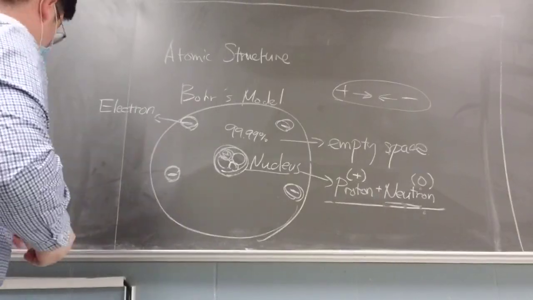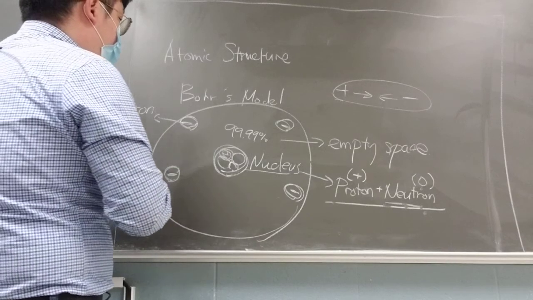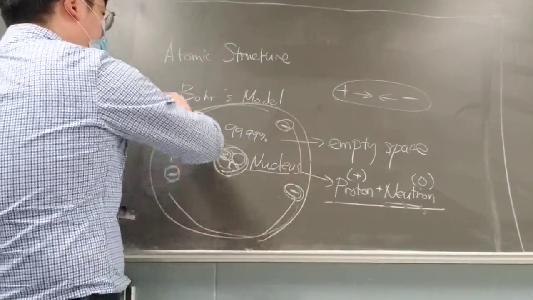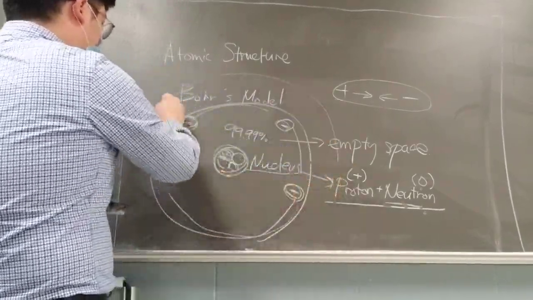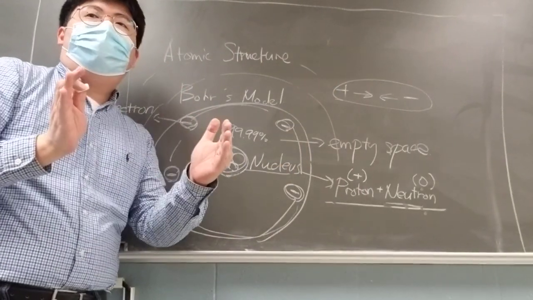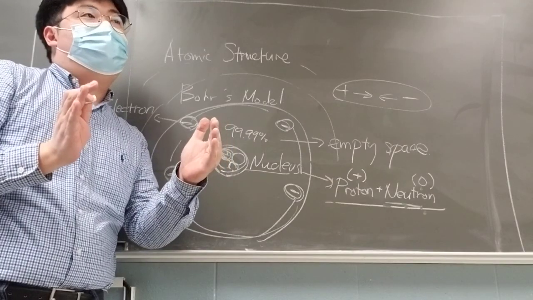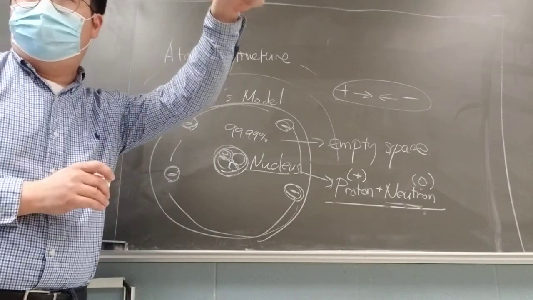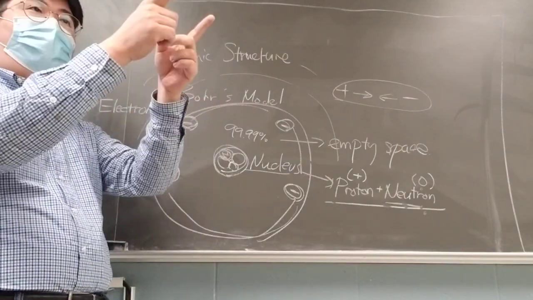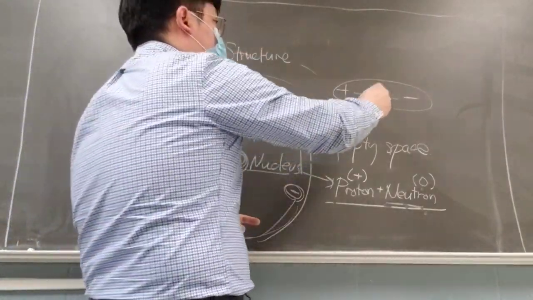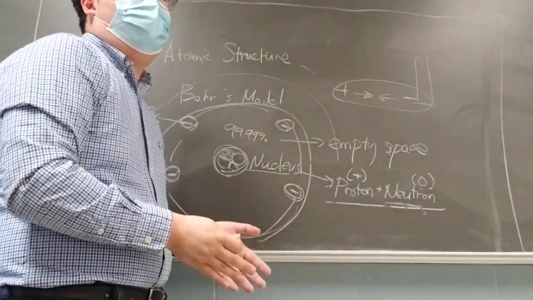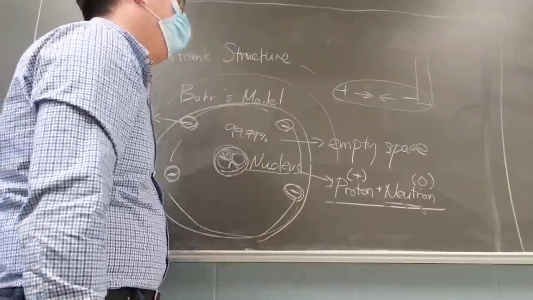Okay, so this is Bohr's model, because I showed you more like an orbit kind of shape. If you have more and more electrons, you're going to have a bigger and bigger atomic size, which happens from top to bottom in your periodic table. If you look at one vertical column, this is where you can see elements that show similar chemical properties.